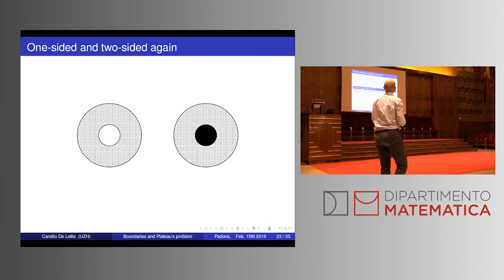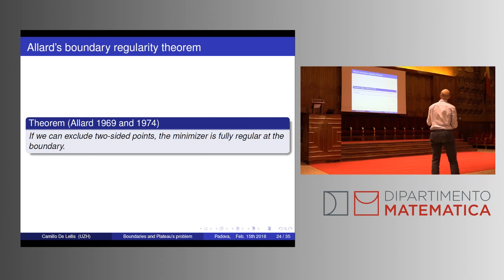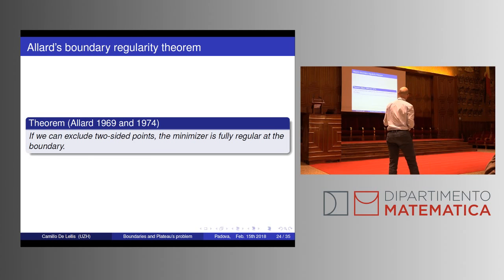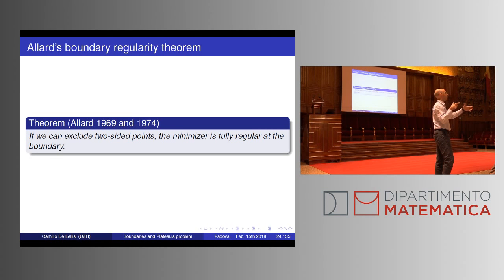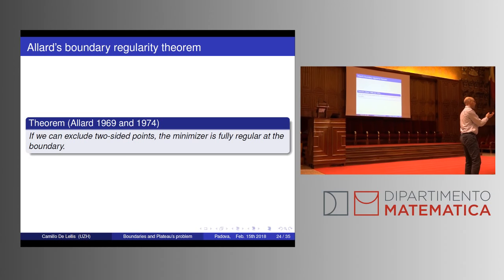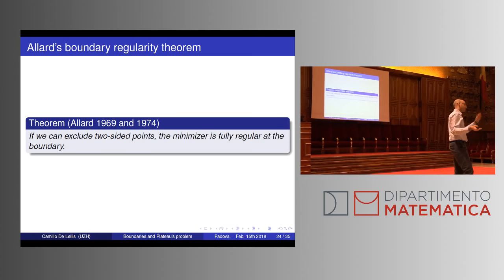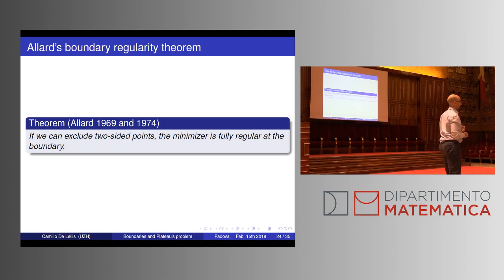That is because it was known since the PhD thesis of another famous mathematician, Bill Allard, that if you can exclude two-sided boundary points, so if at every point of your boundary, the surface is lying only on your right or only on your left, but it cannot be on both sides, then the whole boundary has to be regular.